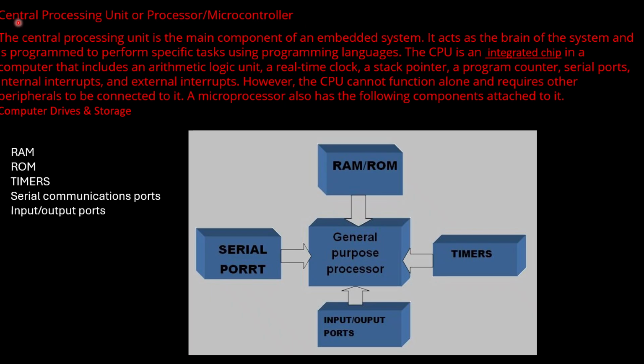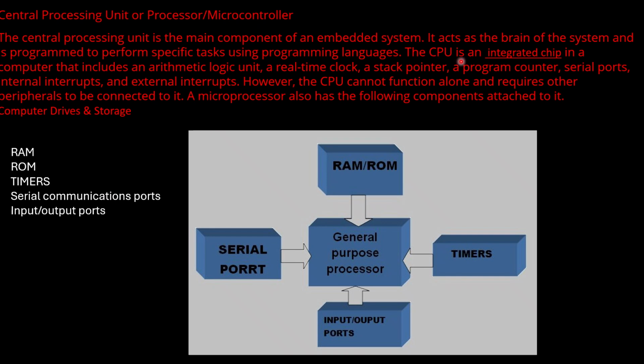Central processing unit of a processor or microcontroller. The central processing unit is the main component of an embedded system. It acts as the brain of the system and is programmed to perform specific tasks using programming languages.